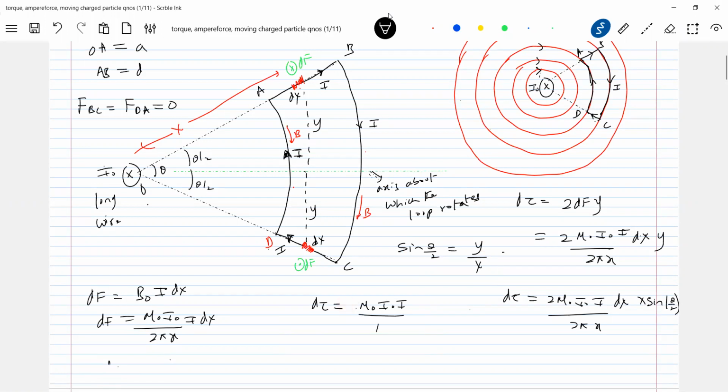So let's take this pi. The x gets cancelled. So sine theta by 2 into dx it is. So what should be the limit now? Shall we put a to a plus d? We'll get the total torque. So mu naught I naught I by pi, log of a plus d by a.